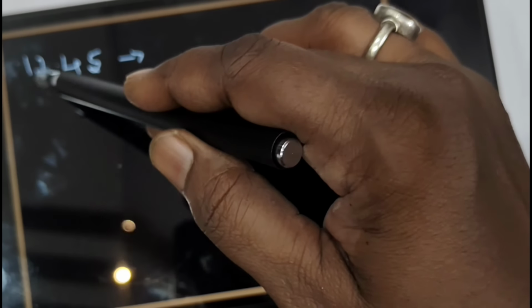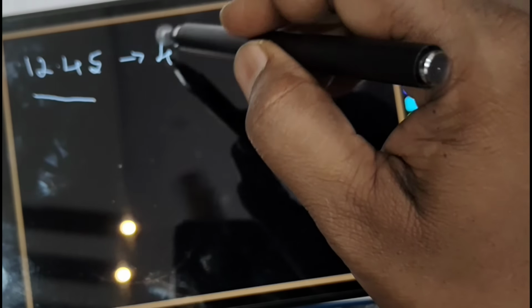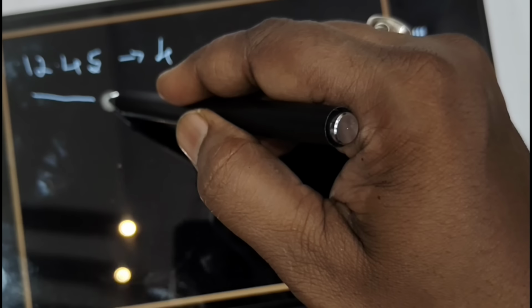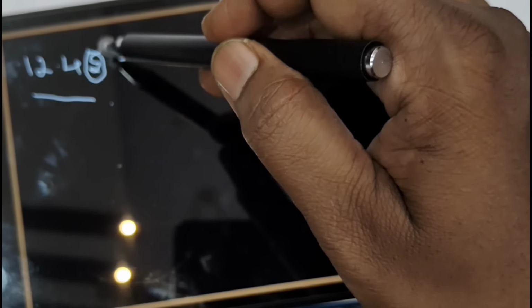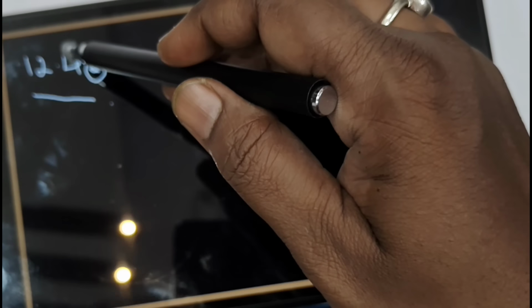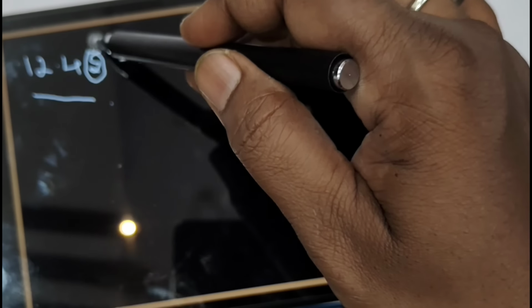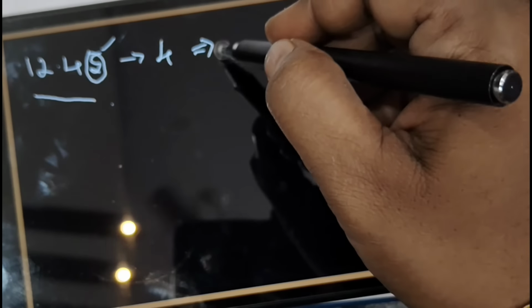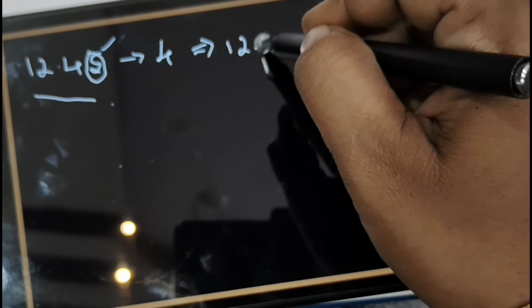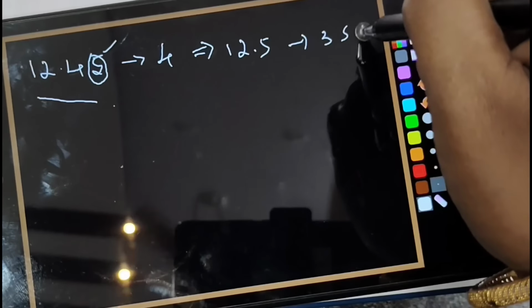Now we have the original number with 4 significant figures, but the question is to round off to 3. So here, as there is a 5, we can carry 1 to the third digit, that is 4, and omit the 5. So we write this as 12.5, which is 3 significant figures.